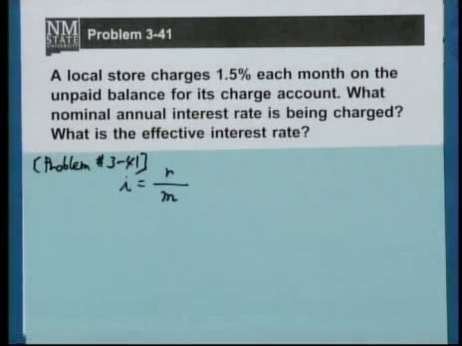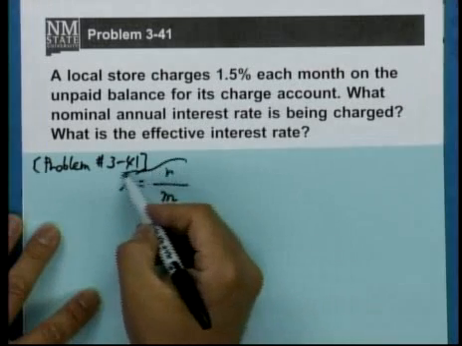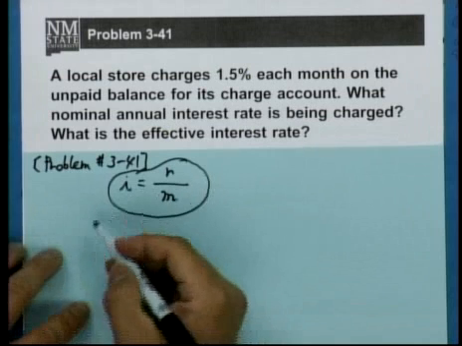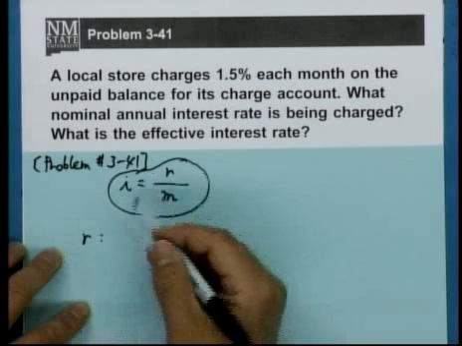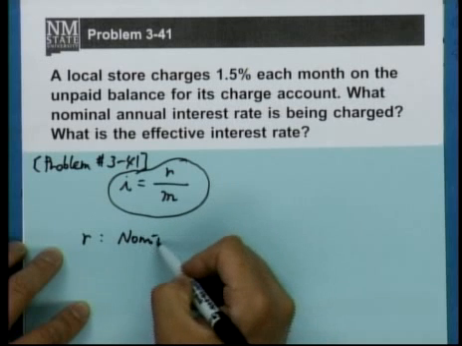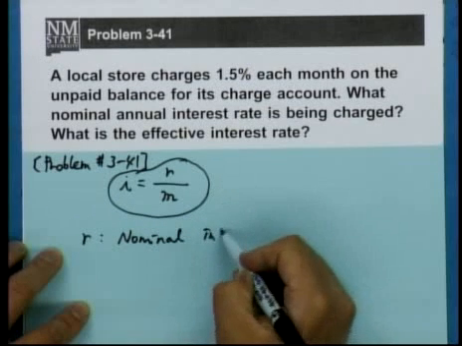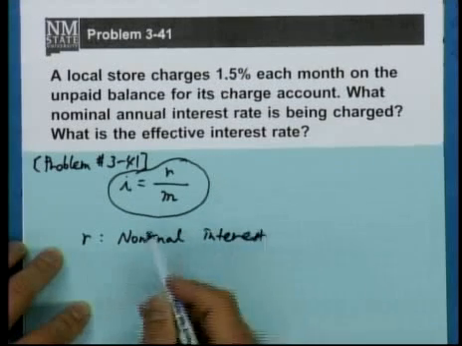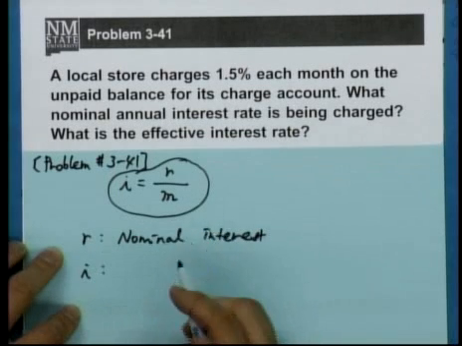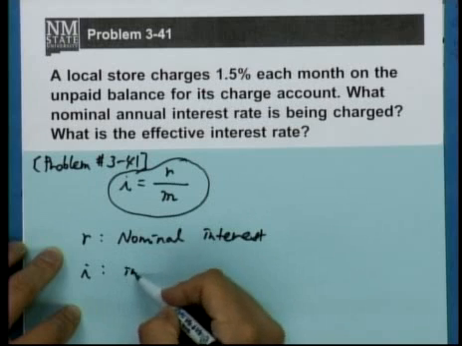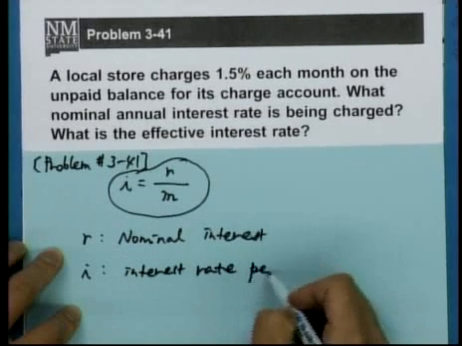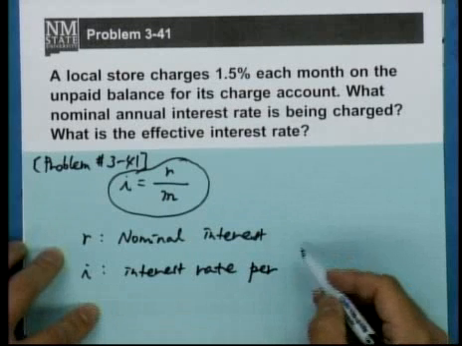Okay? In this formula, what is small r? r is the nominal interest, right? Then what is i? i is the interest rate per compounding period, right?